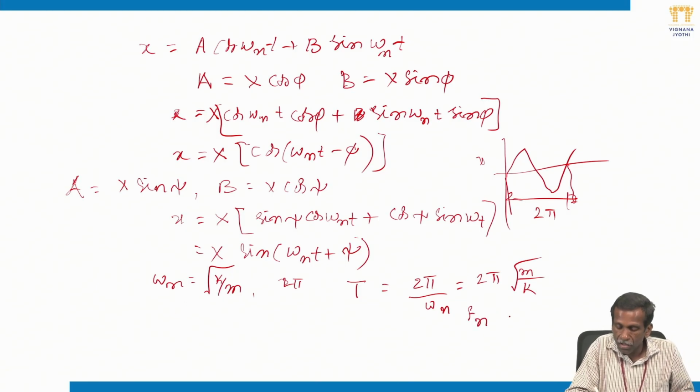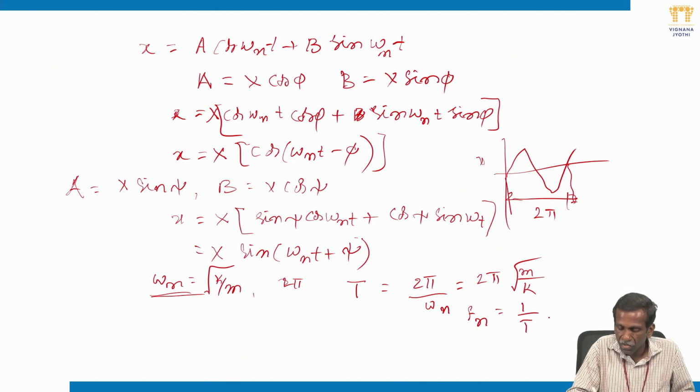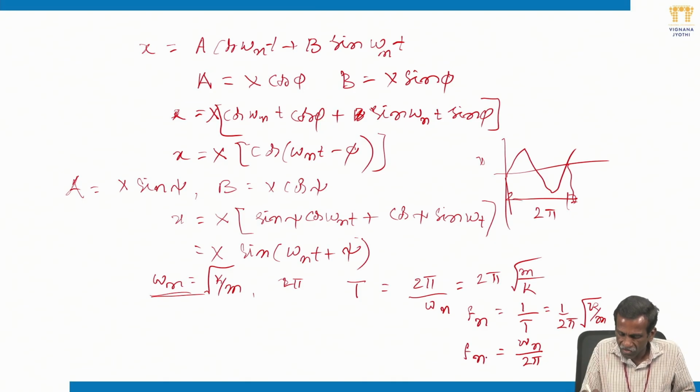If you want the linear natural frequency, it is 1 by T, which is 1 by 2 pi times root k by m, that is omega n by 2 pi. Omega n by 2 pi is the linear natural frequency. In general, we will just say natural frequency.